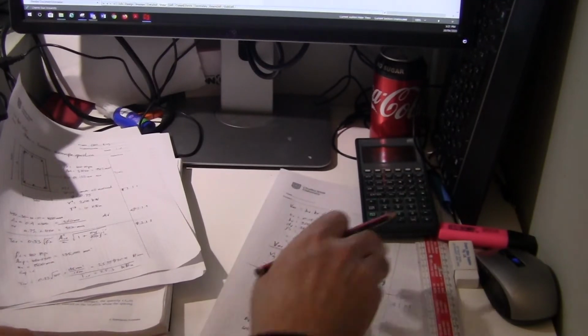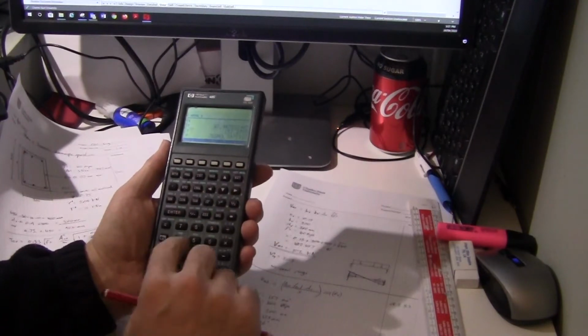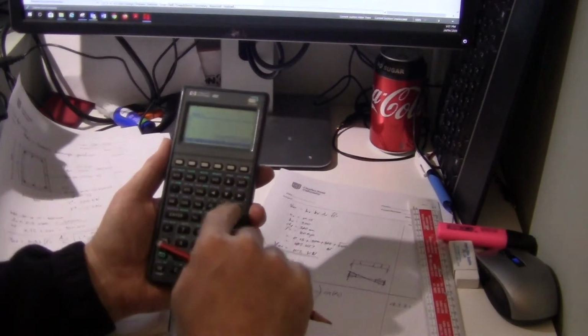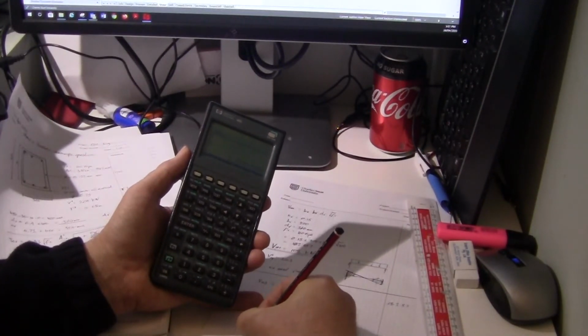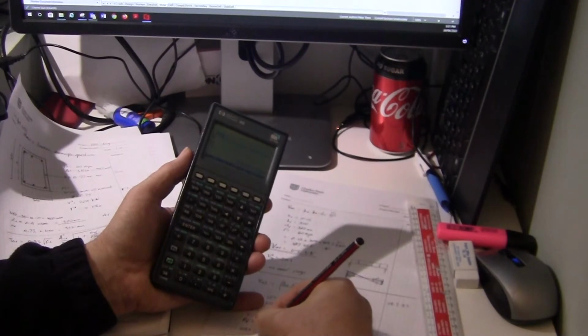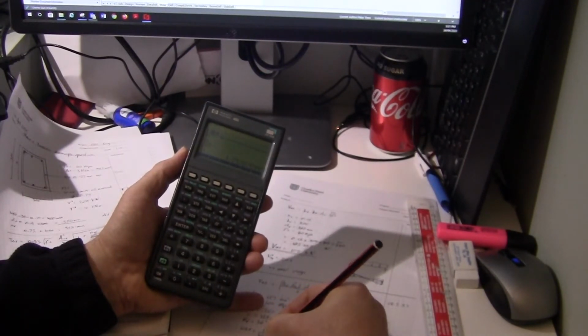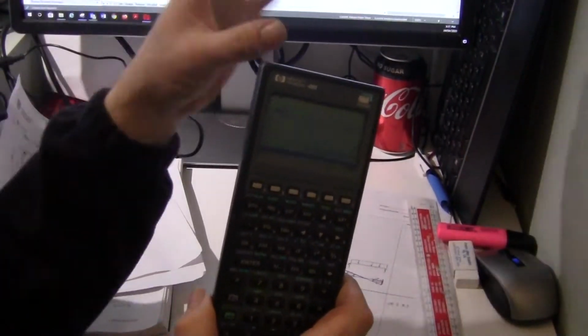If you can't find a cot button on your calculator, go 36 degrees tangent and then take the inverse of that. So cot of 36 degrees is 1.376. You can use Excel for this, just put cot and then the angle.